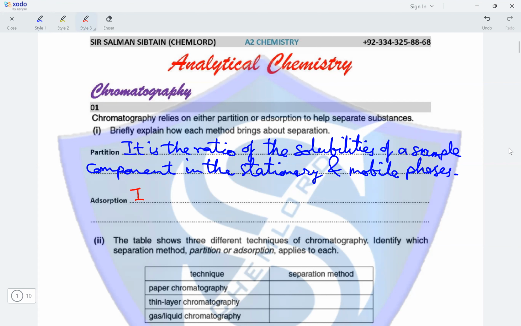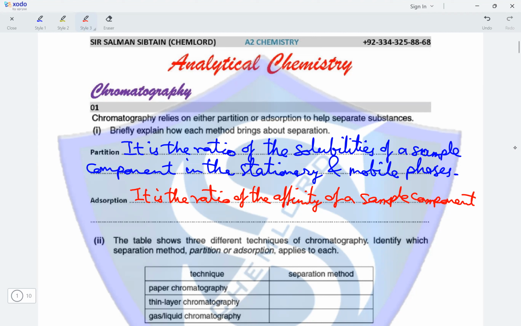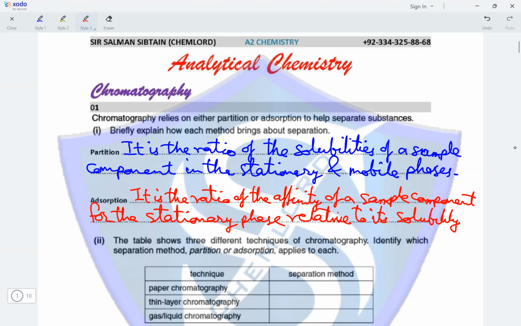So it is the ratio of the affinity of a sample component for the stationary phase relative to its solubility in the mobile phase.